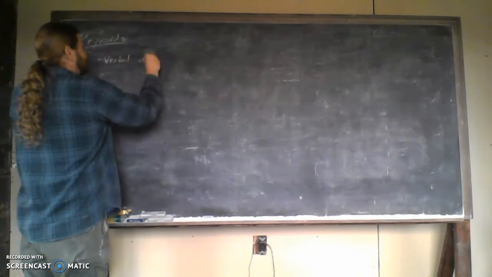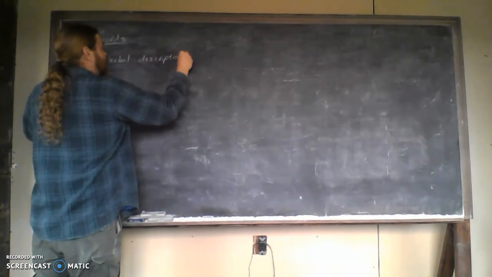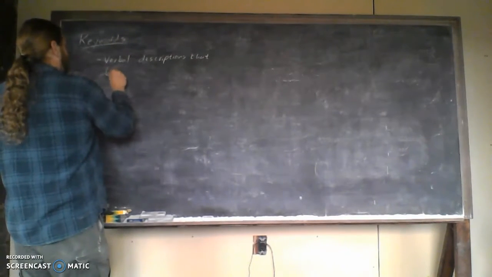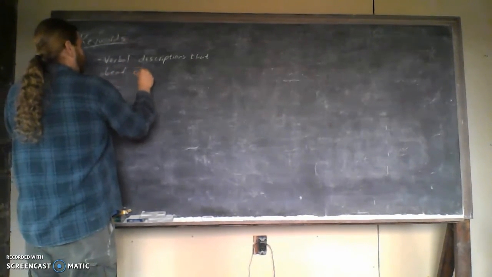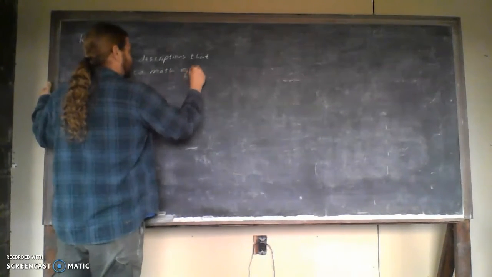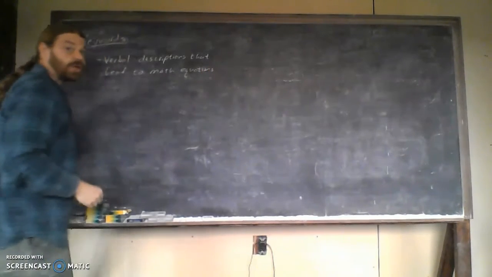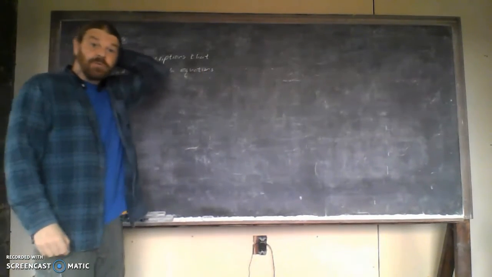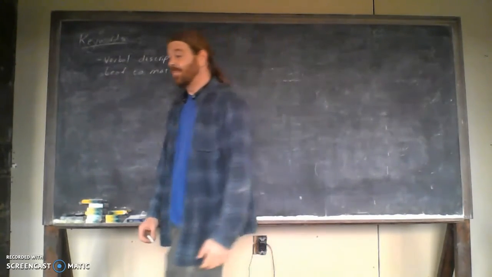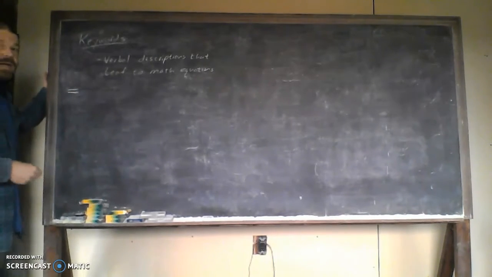Verbal descriptions that lead to math equations. And there's a huge list of these keywords to look for. Just kind of the basic idea here. There's some that we'll start with: equals.